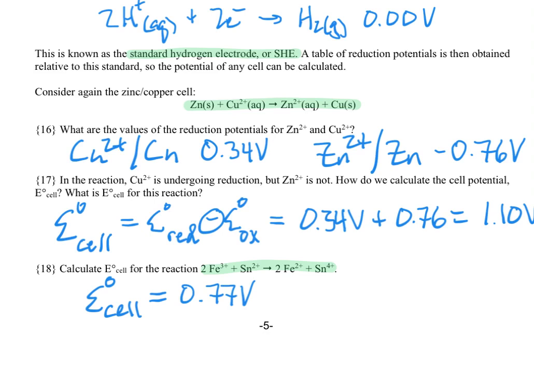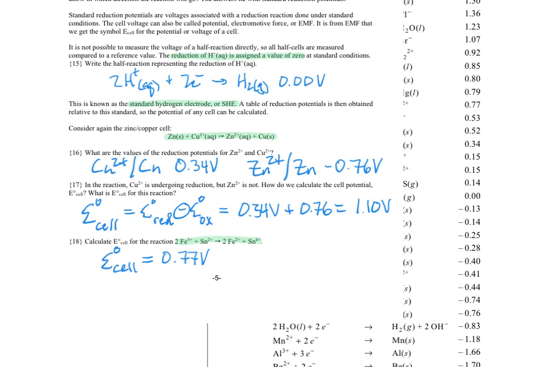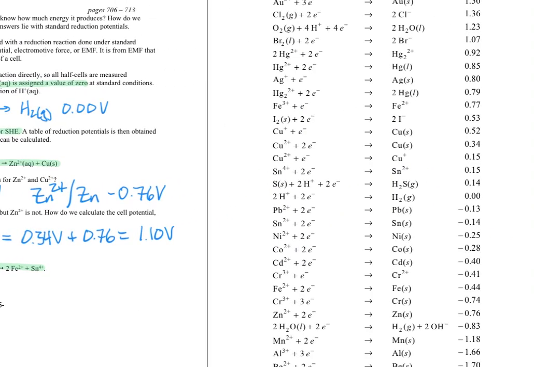All right, so there's the iron 3 to iron 2. So now let's find what was it, tin 2 to tin 4. So where is that tin reaction? It's right here. Here's tin 4 to tin 2. Of course, though, I need it as the oxidation, tin 2 back to tin 4, so I'm going to flip the sign. Okay, if I reverse the reaction, I definitely will flip the sign.